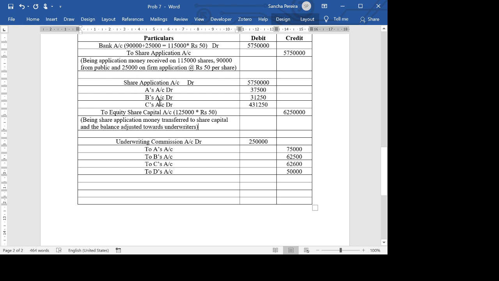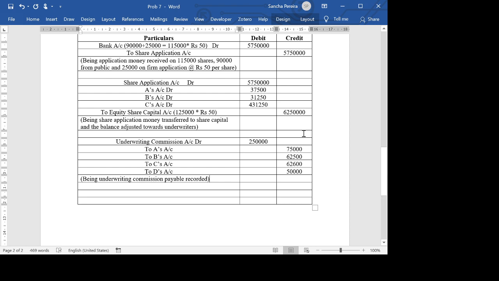We have transferred the share application to share capital and the difference has been adjusted towards the underwriters. Being underwriting commission payable recorded.